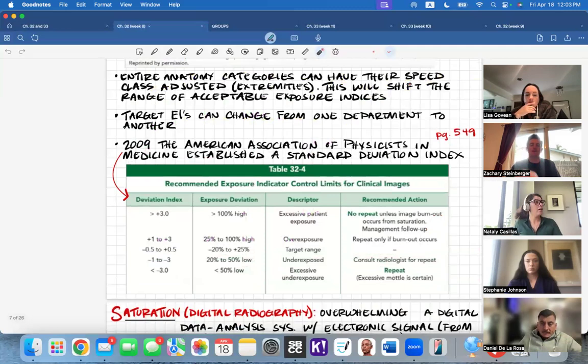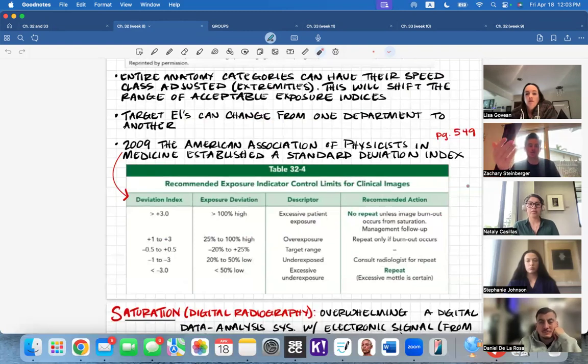Yeah, right there, I see. So, Natalie, I think you're saying you have a range for your EI value that has been determined by the manufacturer as an adequate diagnostic image.